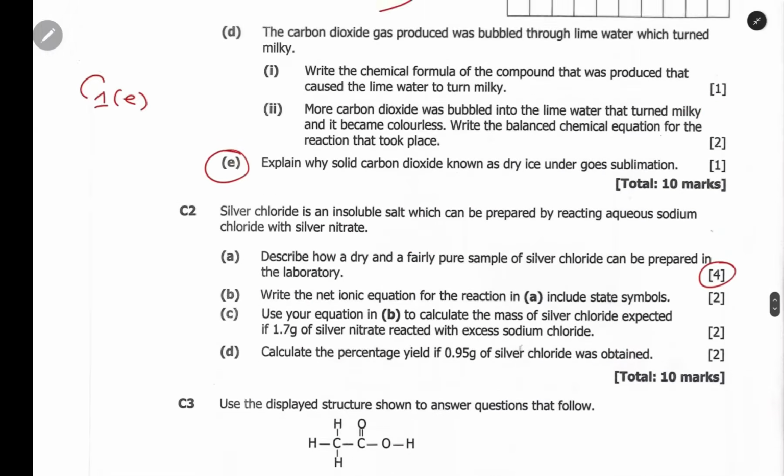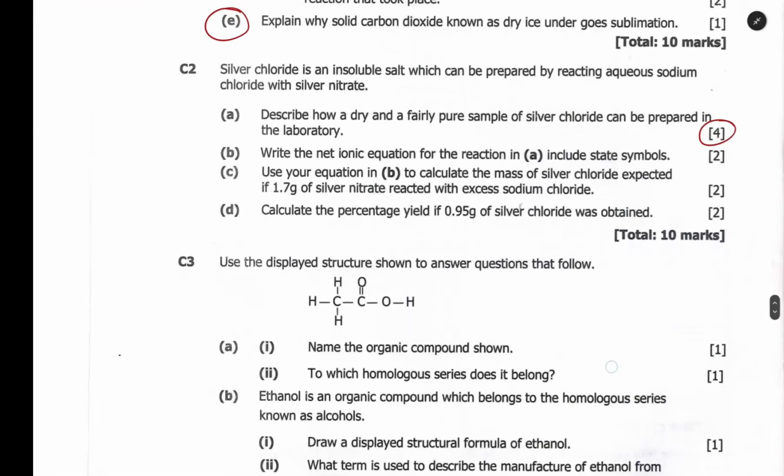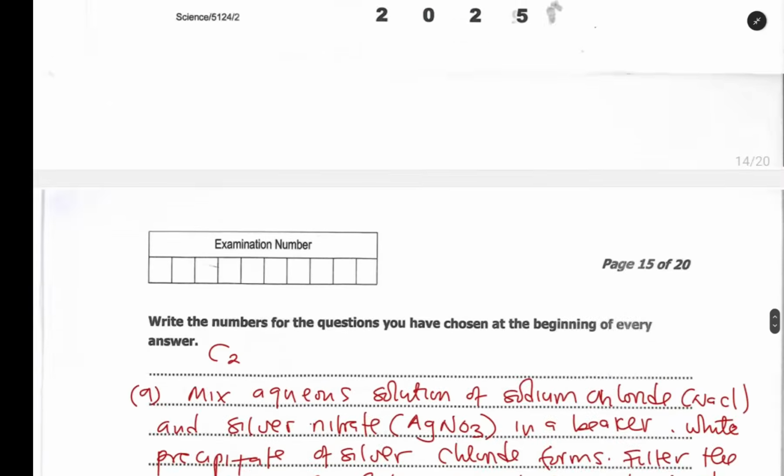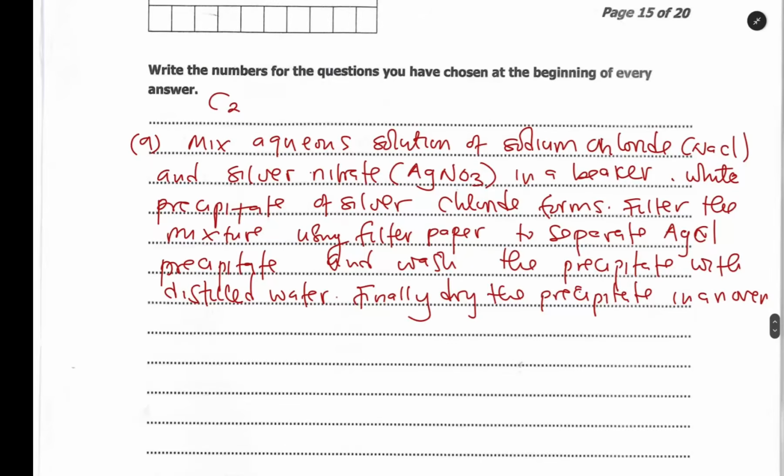Let us go back. Describe how the dry and fairly pure sample of silver chloride can be prepared in the laboratory. So here is the process. That is C1. C2, we are answering question A. Mix the aqueous solution of sodium chloride and silver nitrate in a beaker.